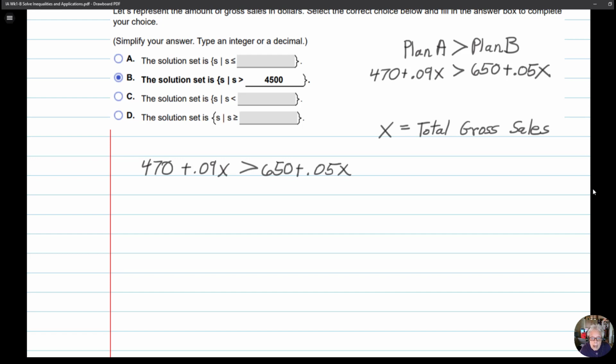So I'll subtract 0.05 x from both sides. 0.05 x minus 0.05 x is 0, leaving me with 650 on the right. I'll bring down the 470.